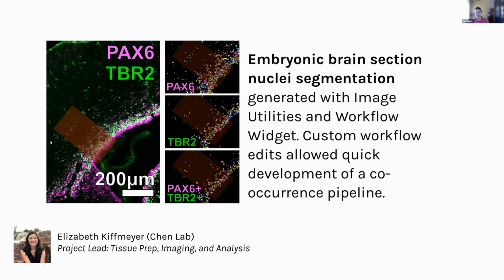So for example, we want to measure this region in the embryonic brain. This is going to be future somatosensory cortex. But we want to measure these two different nuclei types, and we can see each colored object represents one of the nuclei. And then finally, we can use this workflow to ask what cells actually probably co-occur with this specific transcription factor. So this uses image utilities. These are really challenging images to work with. They come out of the microscope in RGB, like 16-bit RGB images.